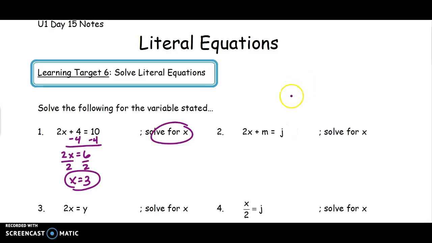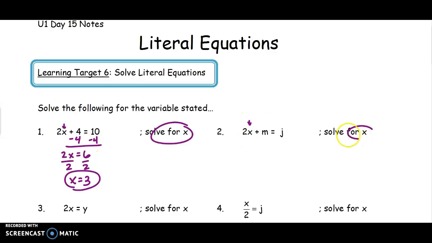So the steps that we go about with solving when we only have maybe one number and multiple variables, or maybe just variables at all, is the same as we would go about to solving problem number 1. So in problem number 1, the first thing you did is you subtracted 4 because we're solving for x, which means we have to get that variable alone. So everything has to be moved to the other side.